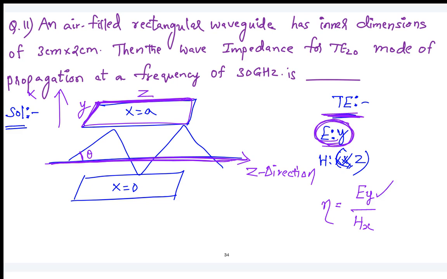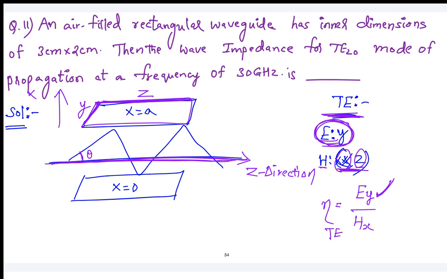And since magnetic field consists of two components, what is that? One is your transverse component, other one is longitudinal component. But when you are defining the wave impedance, you should always consider both should be the transverse component. Is it clear? Anything needs to be explained.